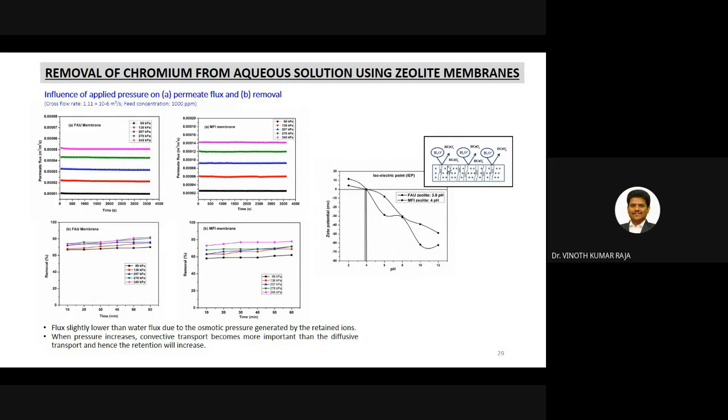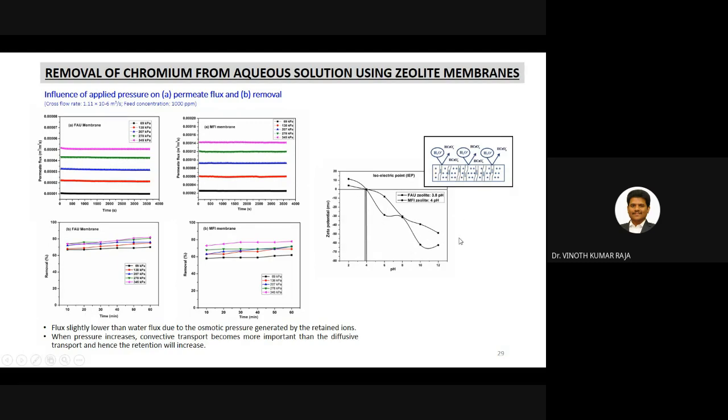So in order to find out the surface charge, we have carried out zeta potential analysis at different pH, and it is clear from this figure that the electrostatic interaction played a very vital role on the surface activity of the FAU and MFI zeolite.